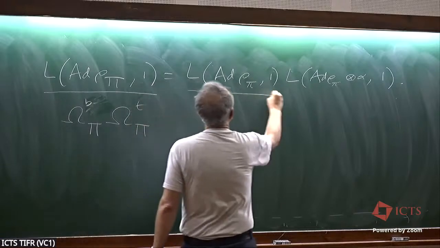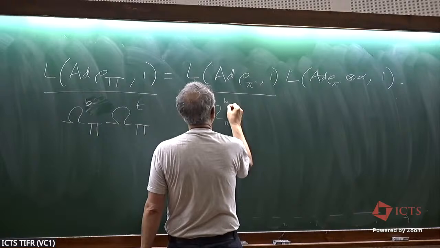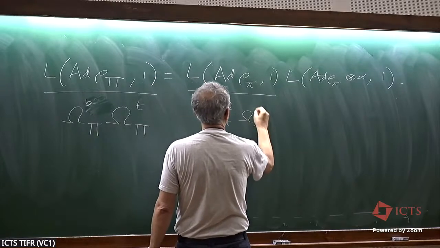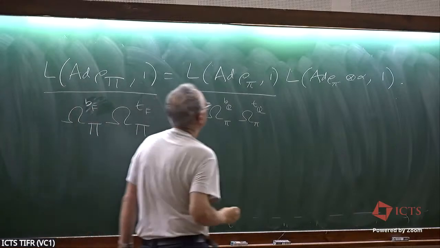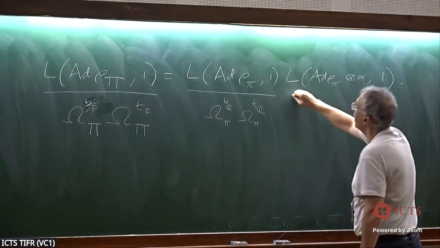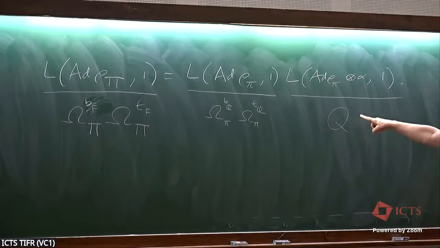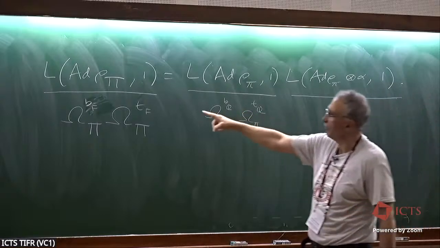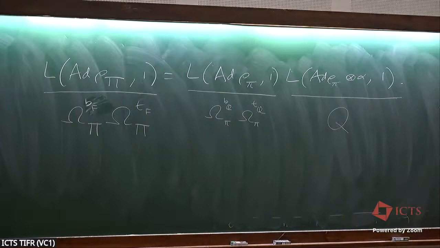Here I have omega pi bottom Q and omega pi top Q. So maybe this is bottom F and top F. And here, for the moment, I consider the quotient. Q is defined to be this divided by that. Then you cannot complain.